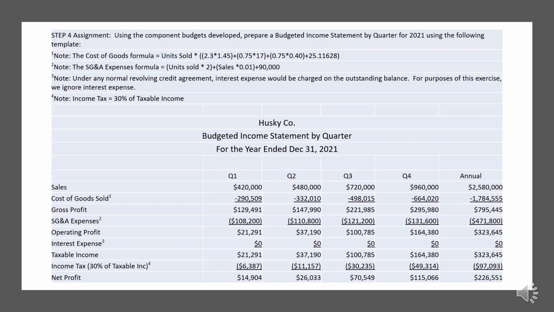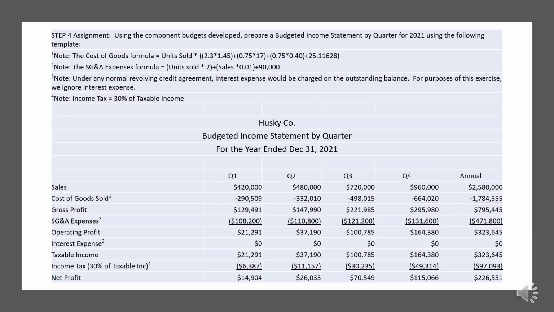If you'll remember, that is the formula for the raw materials, plus 75% of each hour times $17. That's the formula for the direct labor. And then we have direct labor times $0.40, which is the variable overhead, plus $25 per unit. And that gives us the cost of goods sold.